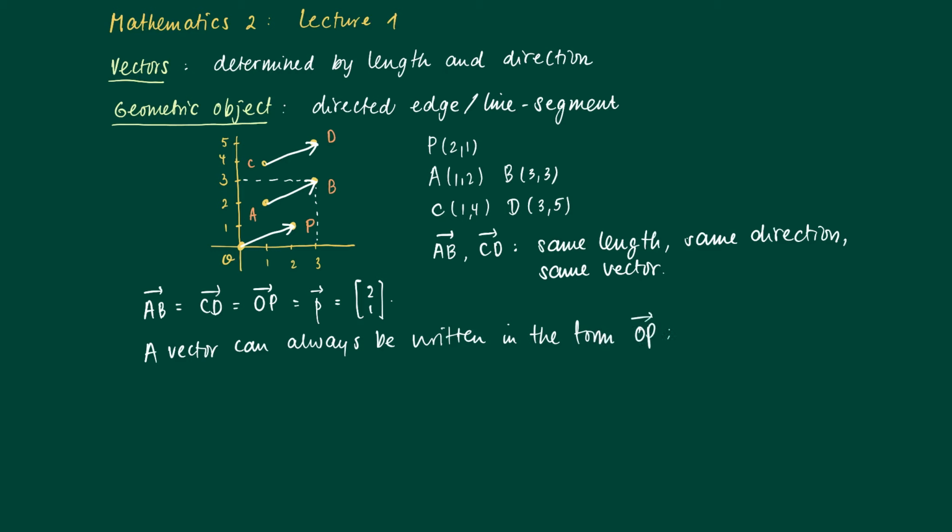We can transform AB by shifting it to the origin. Shifting A to the origin, then B will end up in P. So a vector starting in the origin is called a position vector.